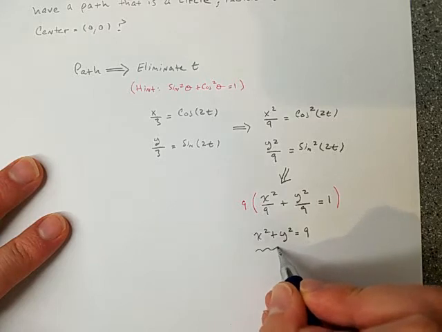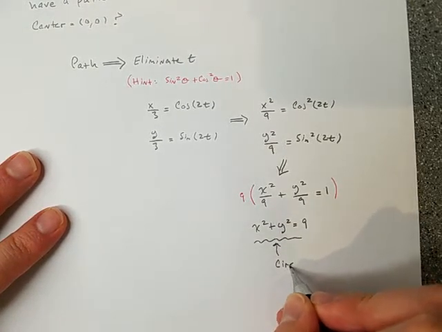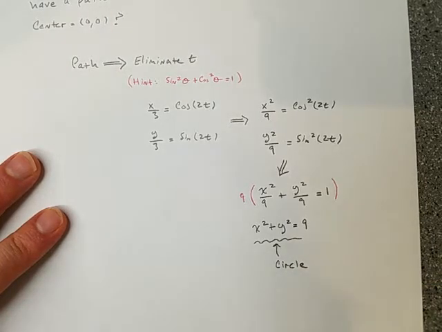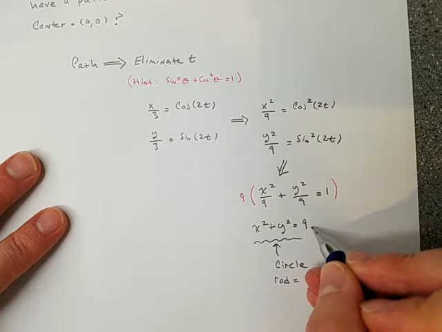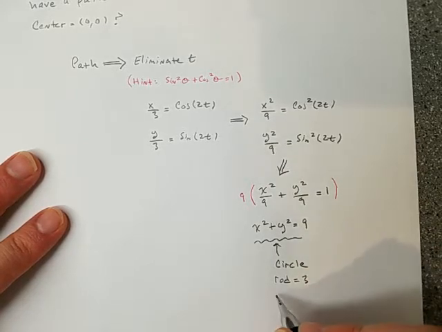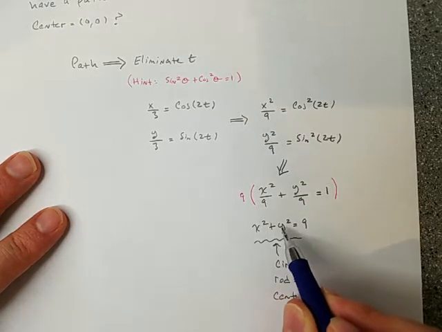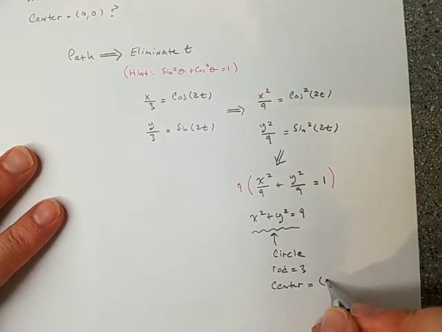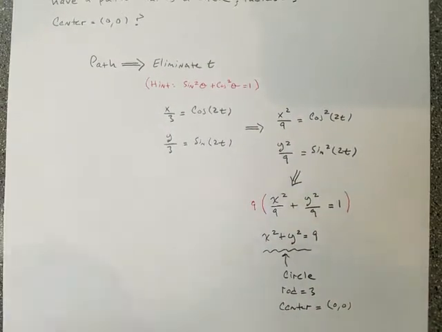So hopefully then, with this right here, we recognize that that's the standard equation of a circle. The radius is the square root of this number, that's 3. And the center, because that's really x minus 0 squared and y minus 0 squared, the center is 0 and 0. Okay, so that's what I wanted to establish about this.